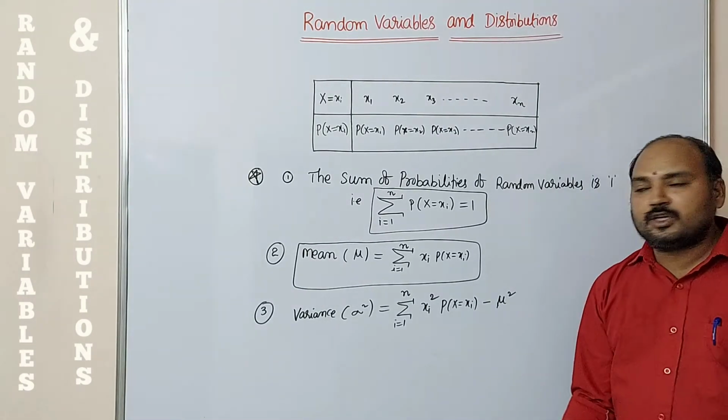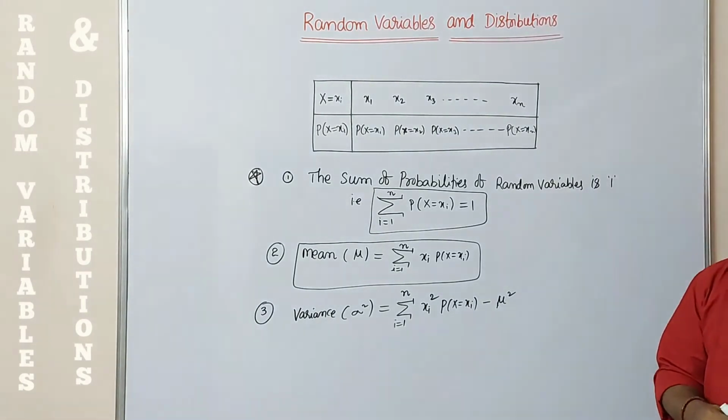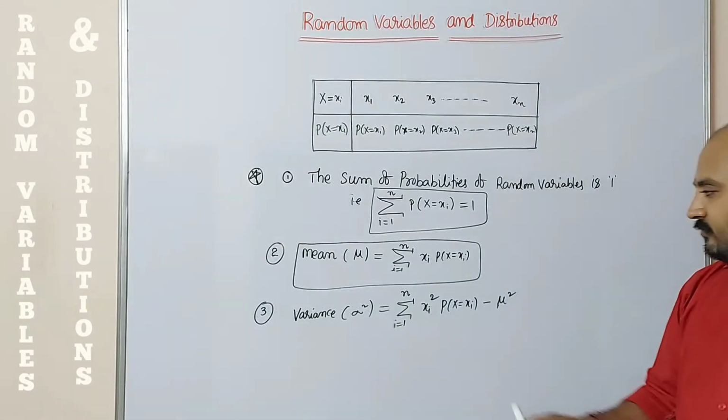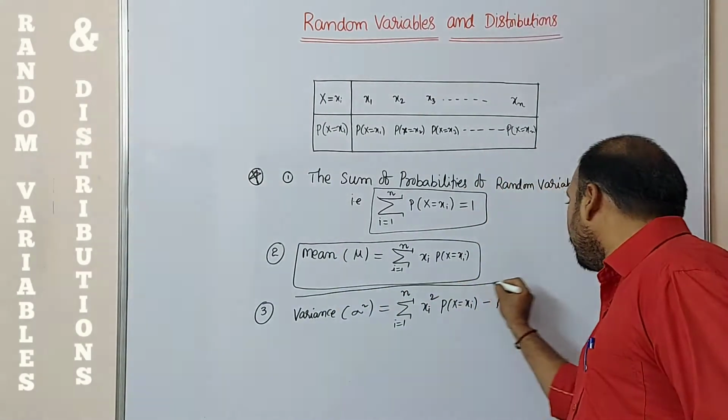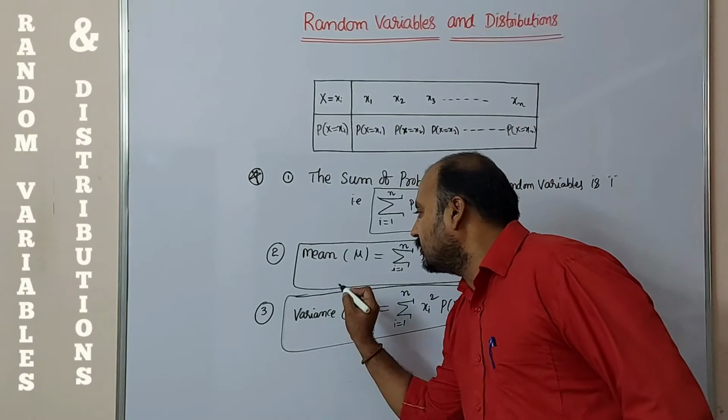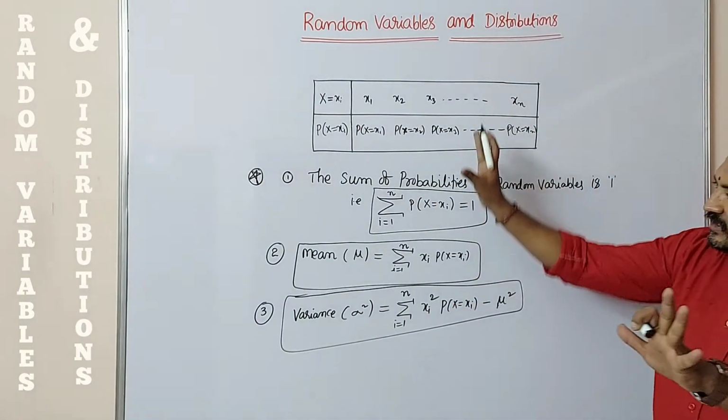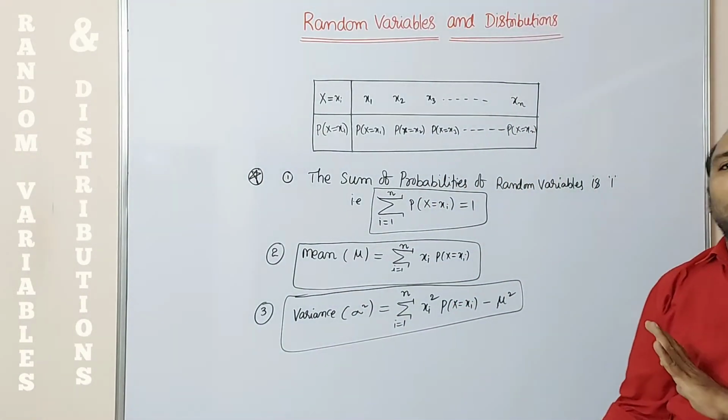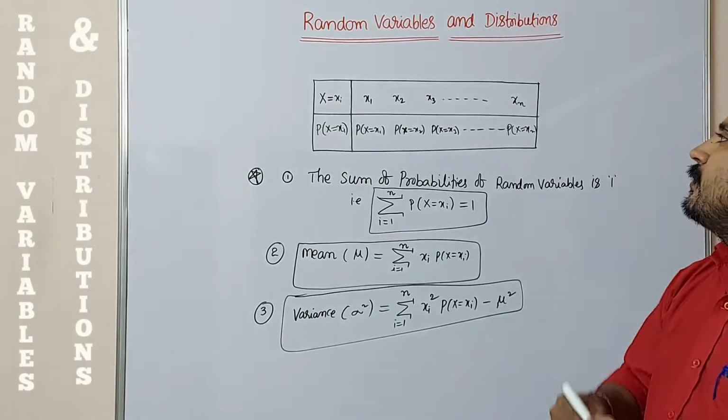This is the formula to evaluate the variance of the random variable. So this is the third important point. If you know these three important points, you are able to get that compulsory 7 marks question.